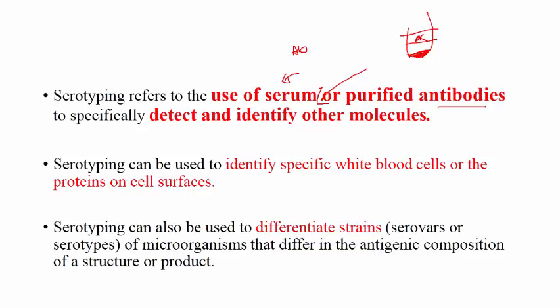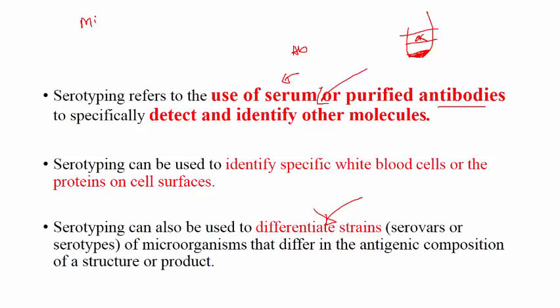For what purpose can serotyping be used? By performing serotyping, you are able to identify various proteins, or we can say various antigens, present in the blood. Second, it can be used to differentiate between strains. What do we mean by that?